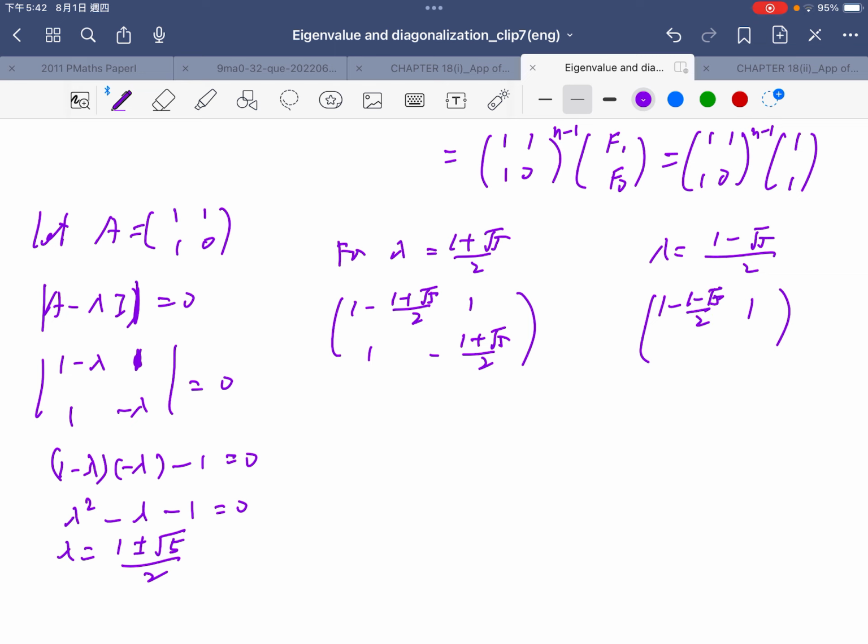For the first one, I first calculate here, and this one is 1 minus lambda, 1, 1, minus lambda.